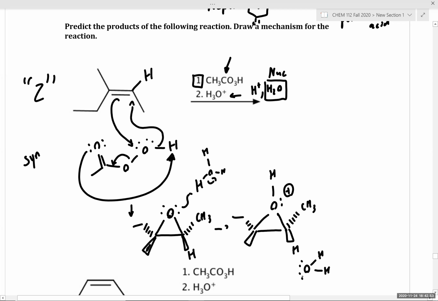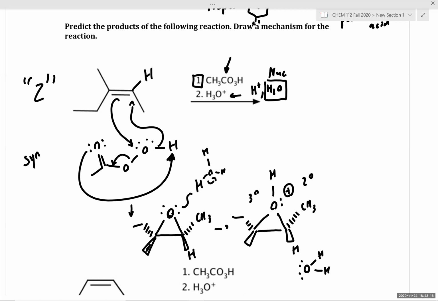Will it attack the tertiary or secondary site? Which carbon will water attack under acid catalyzed conditions, which prefer Markovnikov selectivity?